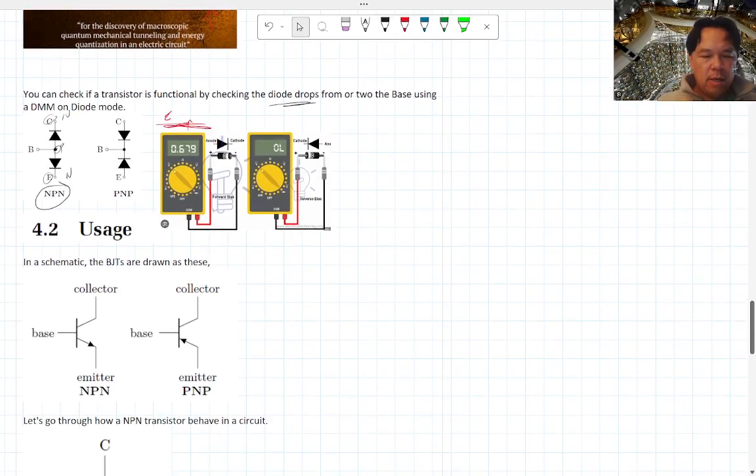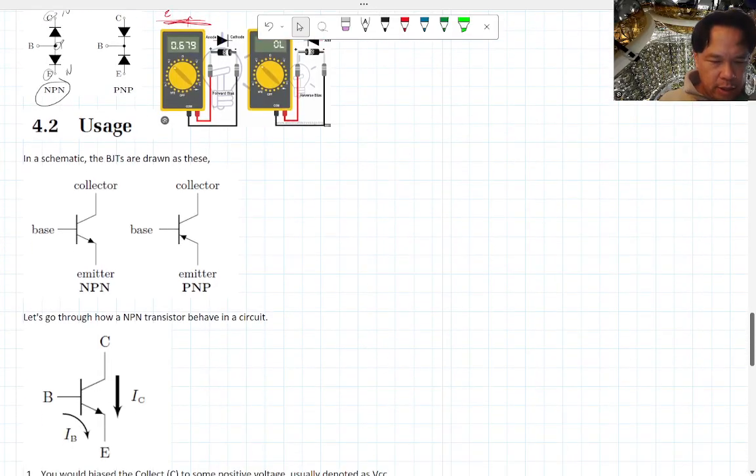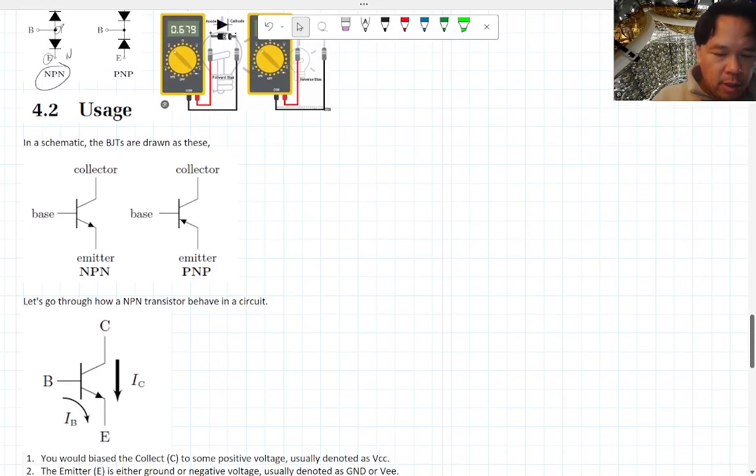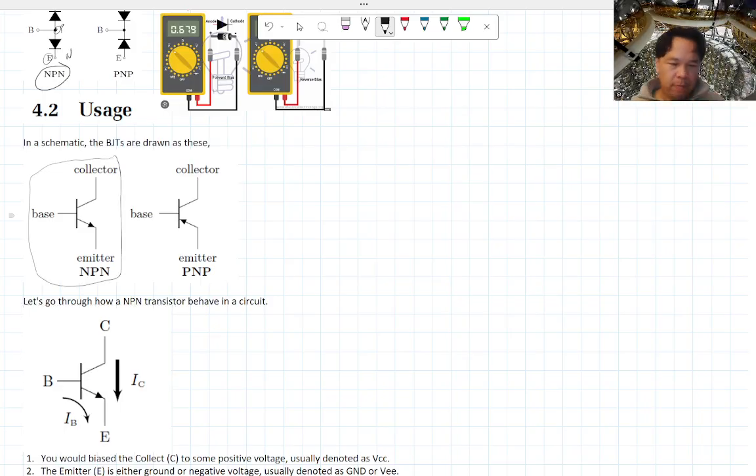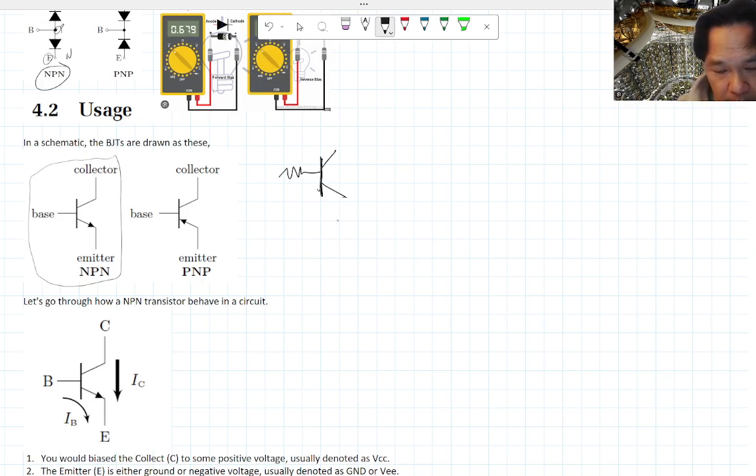So the way we use this is by putting it into a circuit. We're going to have a schematic symbol for it. For an NPN transistor, the way I draw it is you have, let's say, a resistor coming in, you put a bar there first, and then you put two little legs, depending on if it's NPN or PNP, and where you want your emitter to be.